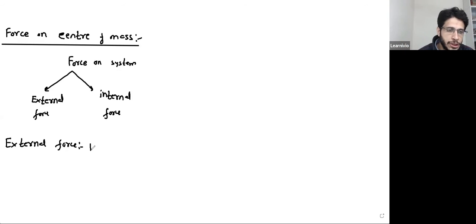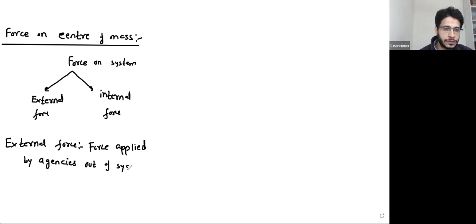So external force means force applied by agencies out of system.